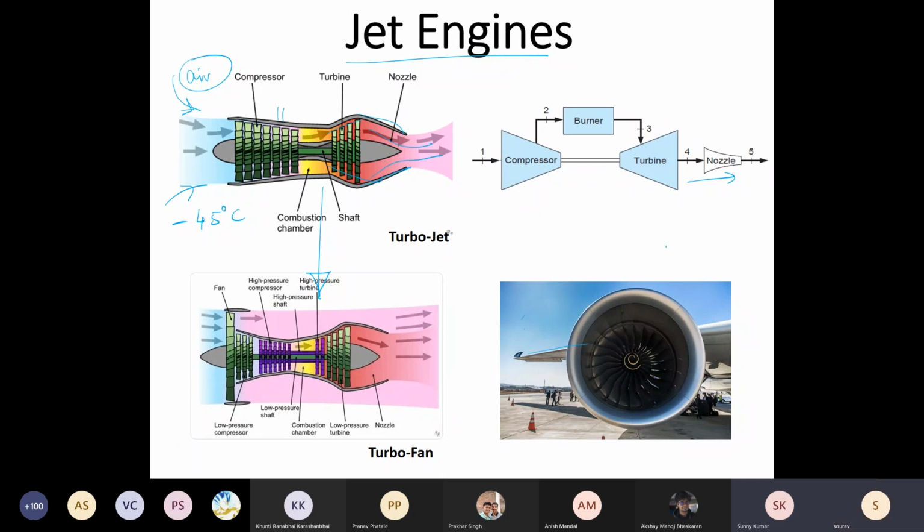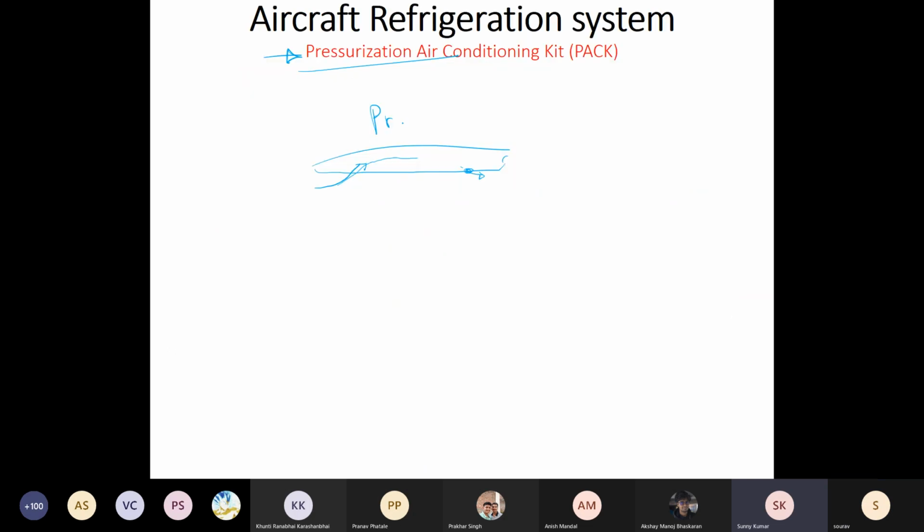What is the typical speed at which these aircraft fly? Even if we don't consider that, one is an obvious source of heat.